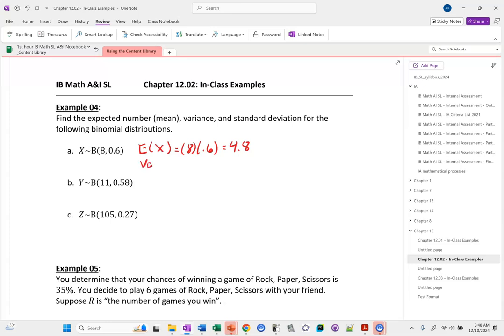The variance is n times p times q. And then our standard deviation is just the square root of the variance, which would be about 1.39.